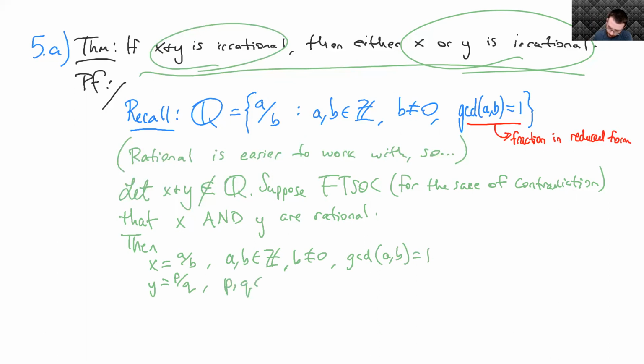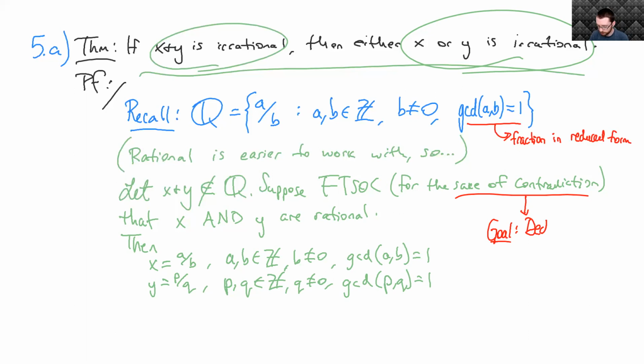Same story here, p and q are integers where q is non-zero, and it's in reduced form. Now, keep in mind, I'm doing this for the sake of contradiction, meaning I want to reach something absurd. So the goal is to deduce an absurdity.